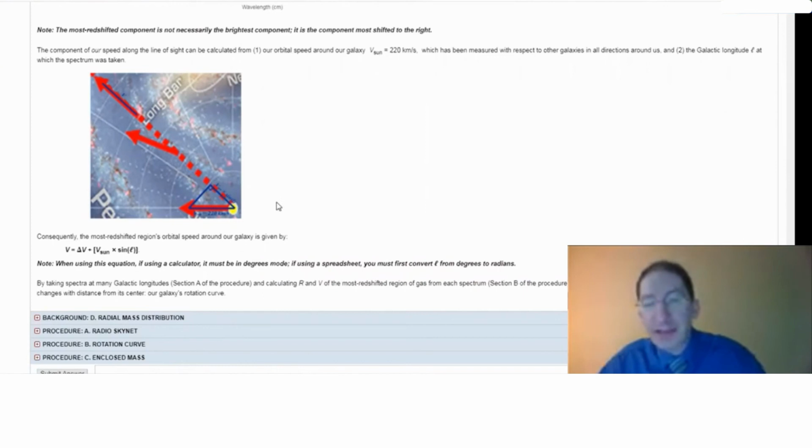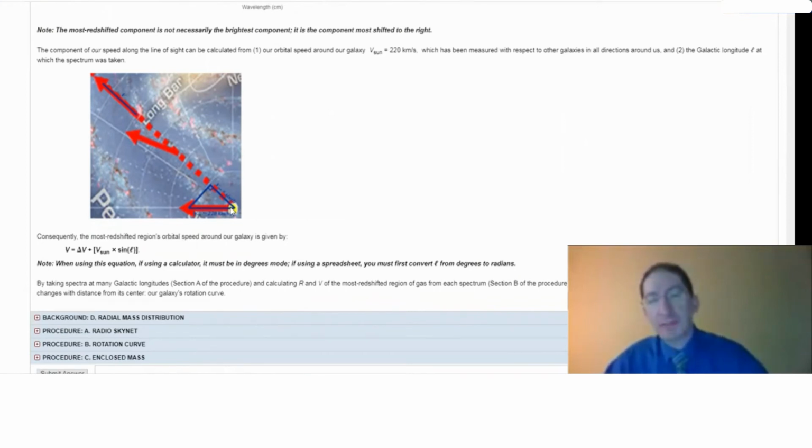To calculate that, you begin with our motion around the center of the galaxy. We're traveling at about 220 kilometers per second. And this has been measured with respect to other galaxies in all directions around us.